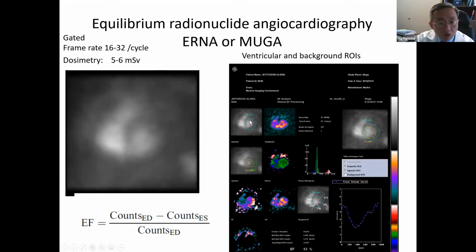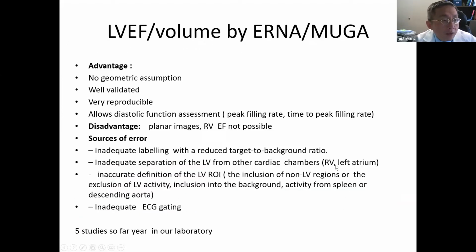And how we display it, usually we play frame by frame to make sure where the cavity is, in diastole and systole, and there is a control region outside the heart. The LV time activity curve can be generated, and then also a parametric Gaussian distribution sinogram to determine the image quality. So this is how we generate ejection fraction.